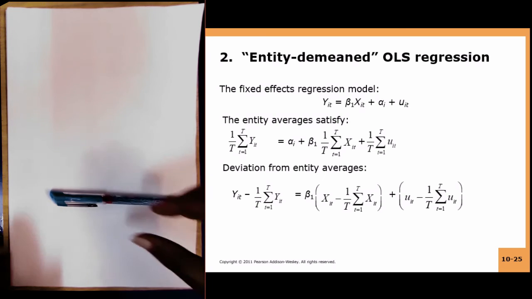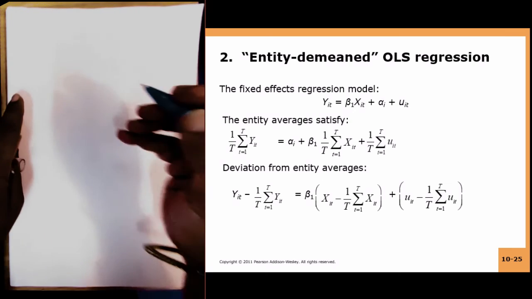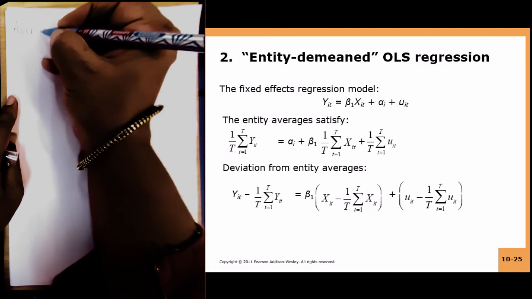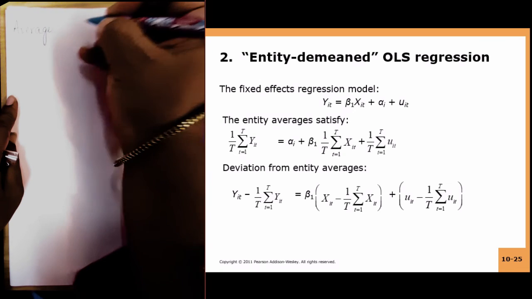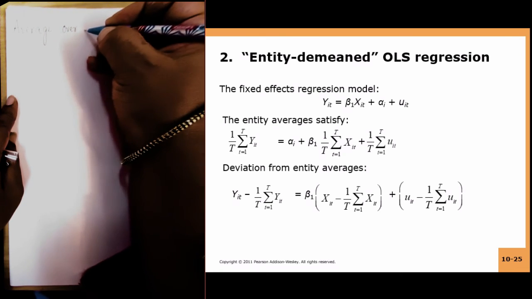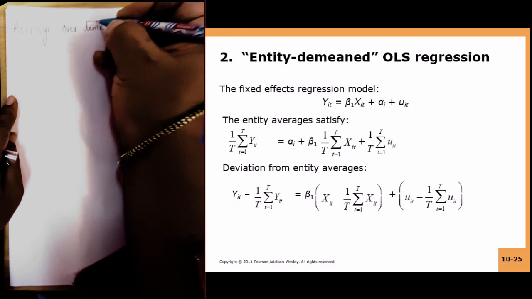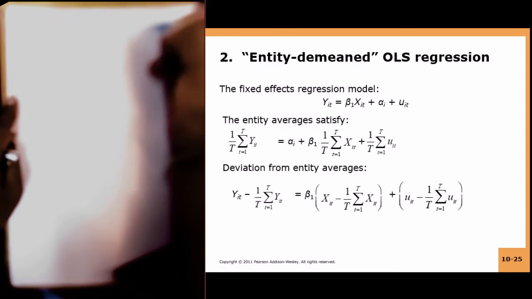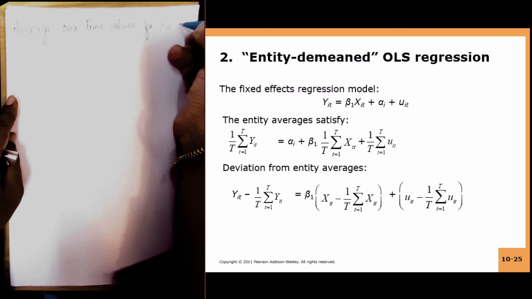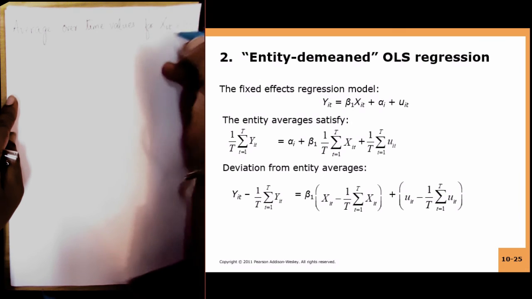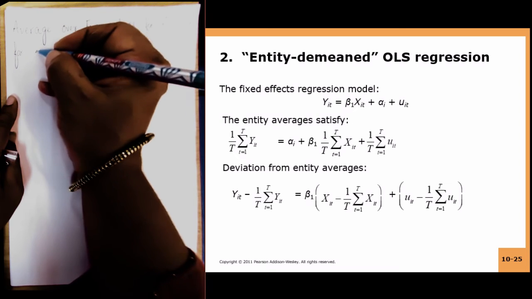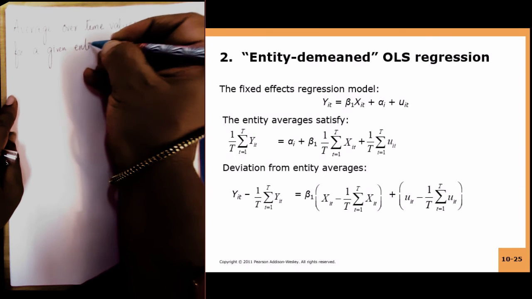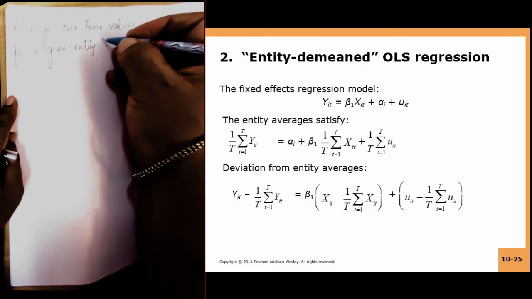Basically, you are interested in the average over time values for X_it and Y_it for a given entity i.